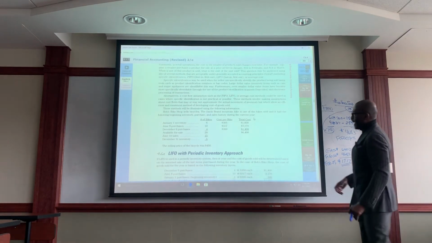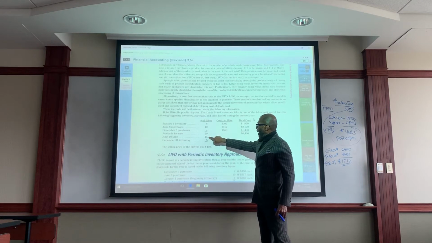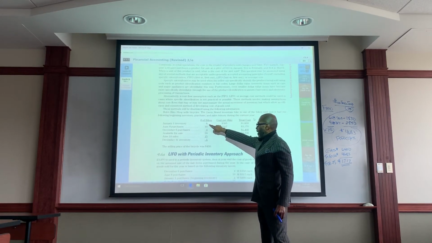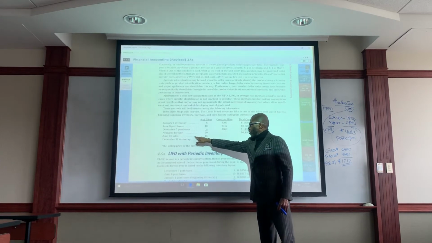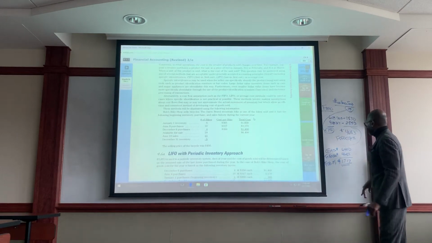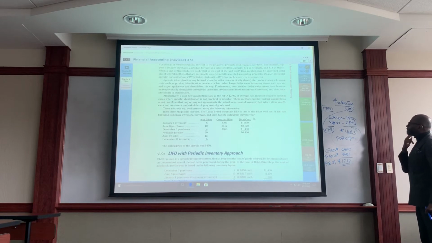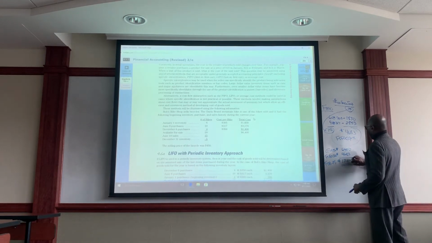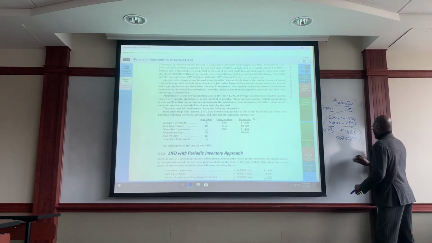LIFO, we started at the bottom, worked our way up to 15 units. FIFO, we started from the top, worked our way down to 15 units. Once we arrive at the 15 units sold, we're done with the cost of goods sold calculation. Let me do a quick summary, and then let's look at weighted average.